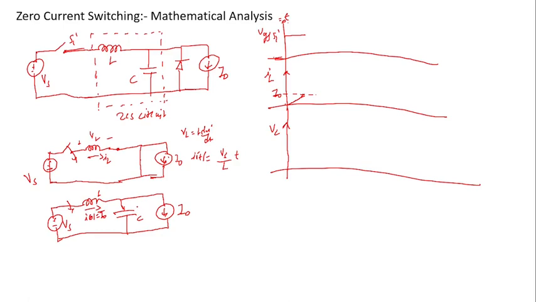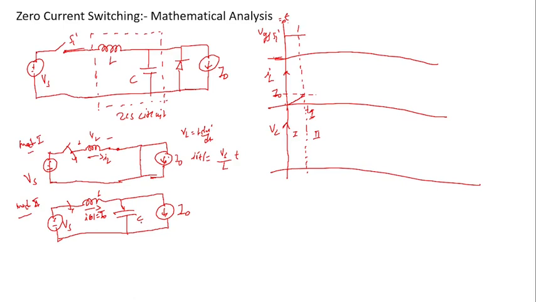One noticeable point: let's say the time is t1, where t1 is defined as when the switch current becomes the load current. Then whether this I naught current will increase linearly or not depends on this circuit condition. Let's say this is mode 1 and this is mode 2. So this is the equivalent diagram of mode 1, and this is the equivalent diagram of mode 2.